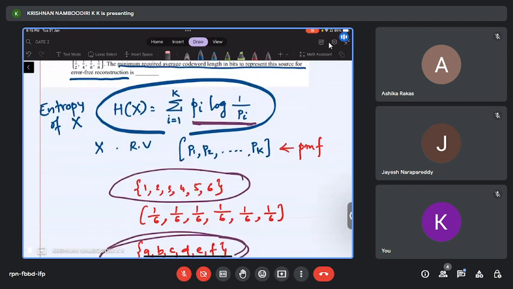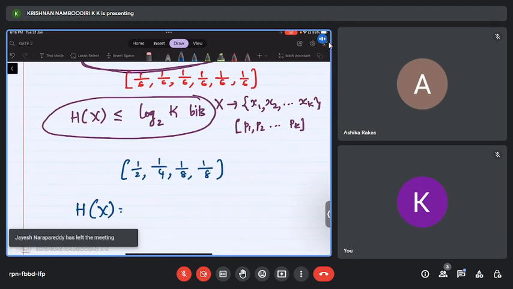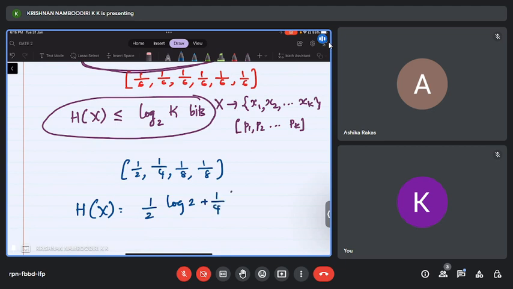So here the PMF is nothing but 1 by 2, 1 by 4, 1 by 8, 1 by 8. So H of X, or the required answer, is nothing but 1 by 2 log 2 plus 1 by 4 log 4 plus 1 by 8 log 8 plus 1 by 8 log 8.